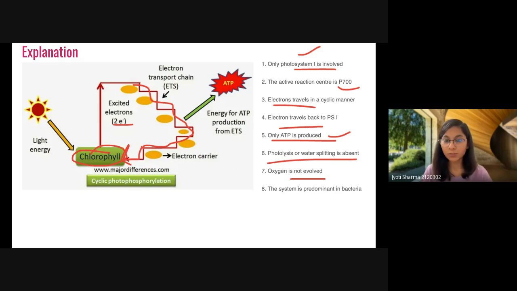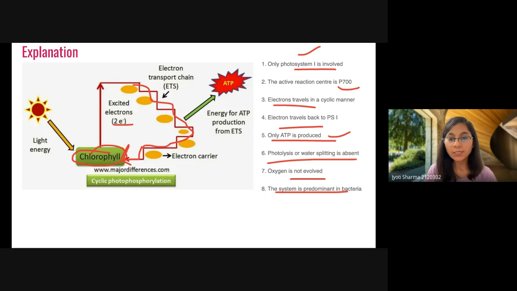So oxygen is also not involved, and this system is prominent in bacteria. So this is cyclic photophosphorylation, and this is the light reaction part of the photosynthesis. We are not talking about the dark reaction of the photosynthesis where CO2 will be utilized to produce the glucose.